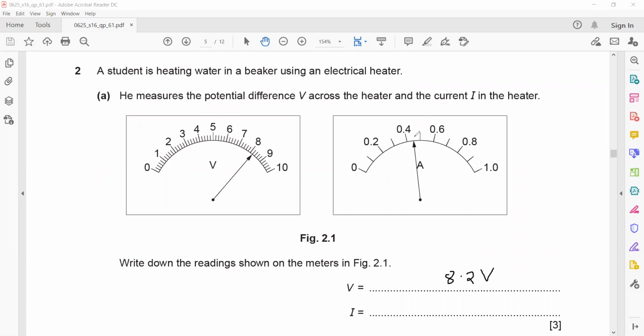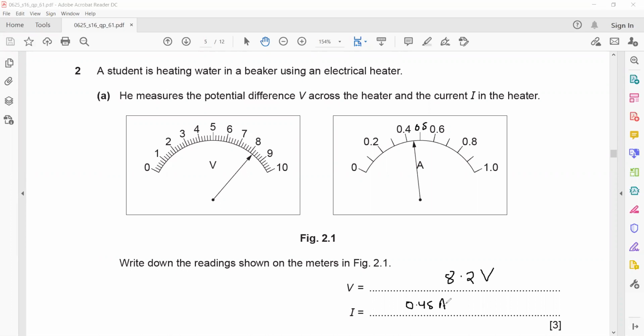What about the current reading? It is between 0.4 and 0.5. So the answer 0.44 or 0.5, both are acceptable.